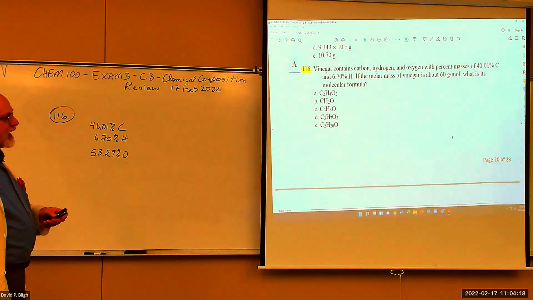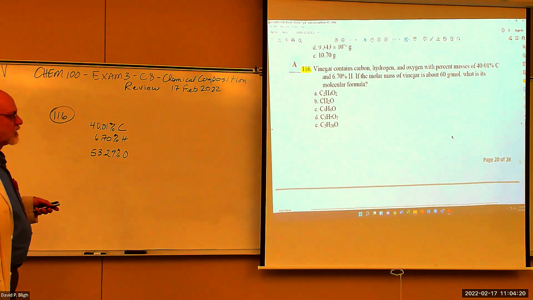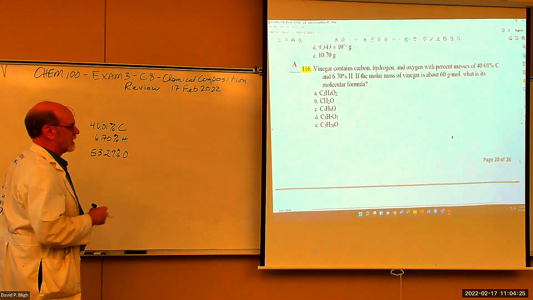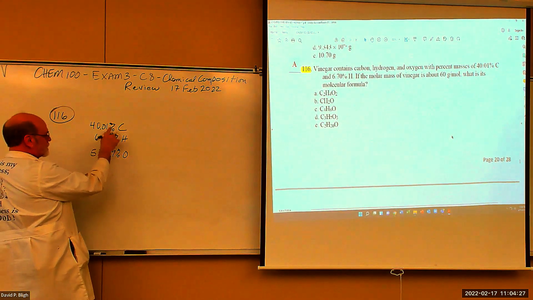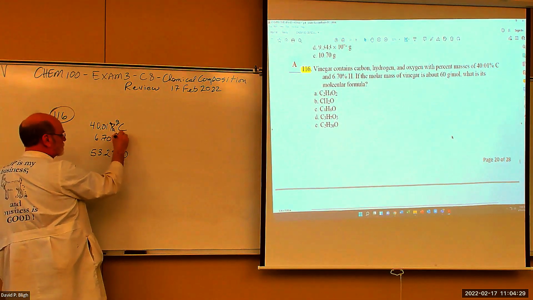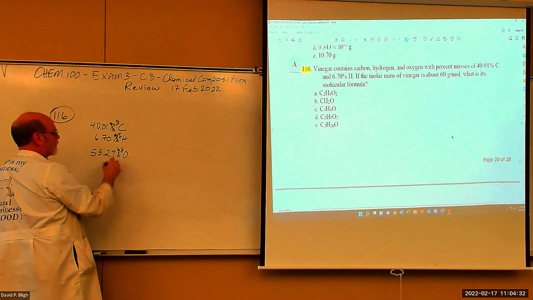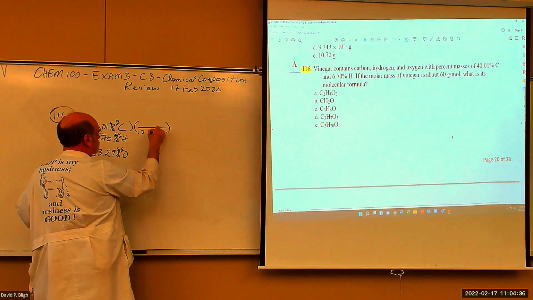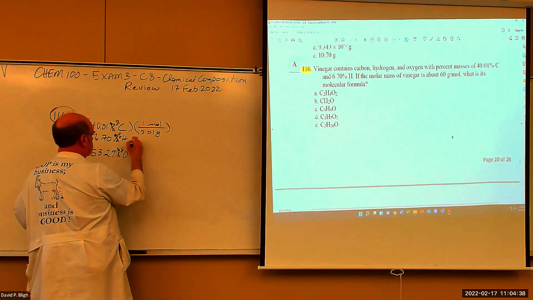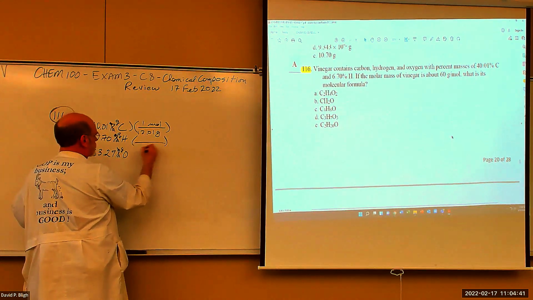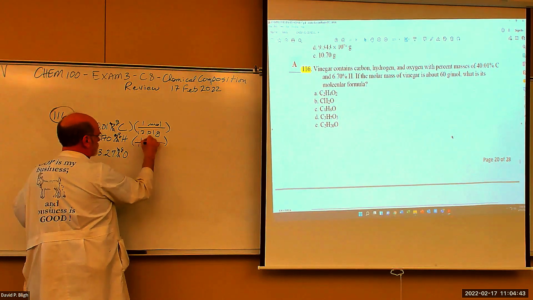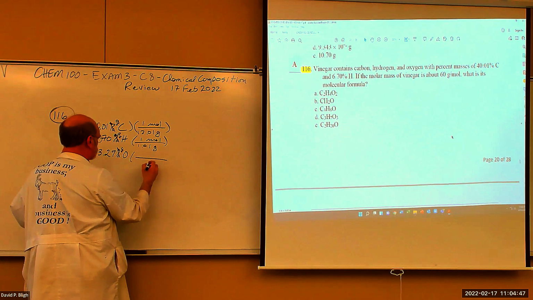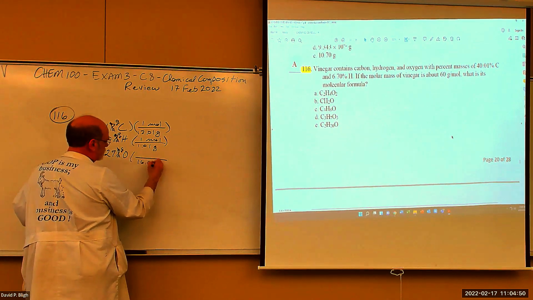Now, if the molar mass of vinegar is 60, what's the molecular formula? Okay, I'm already past time. We would just say this is grams, right? A 100 gram sample. Then we would convert that to moles so we can get the molar ratio of the atoms in the molecule. Oxygen 16.